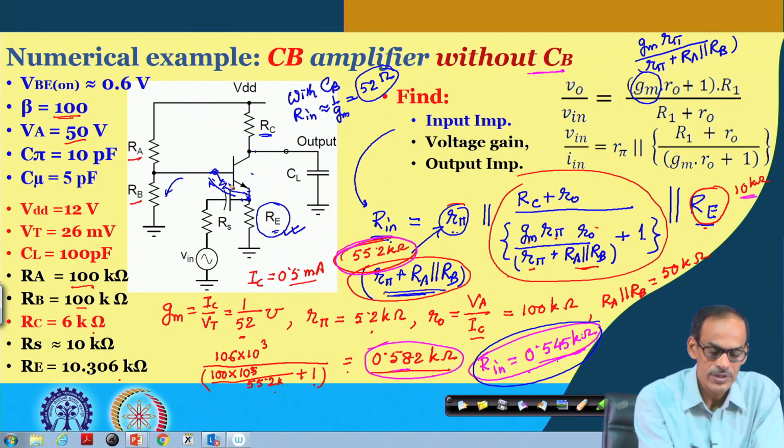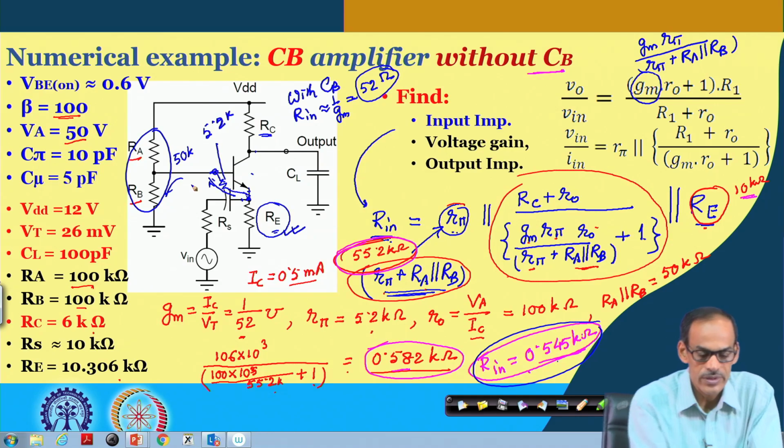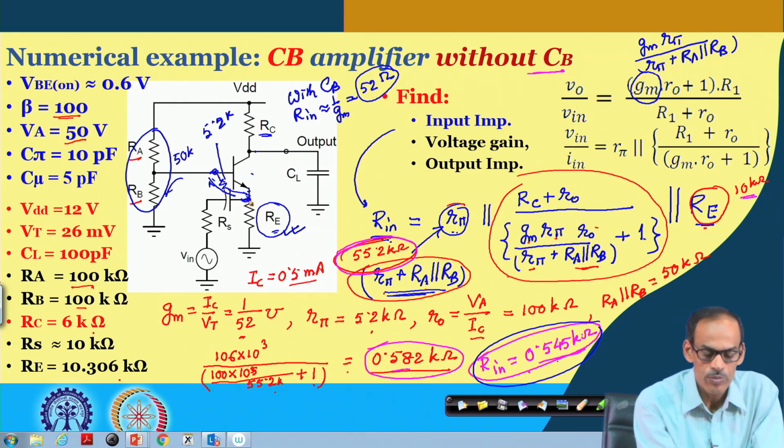So, here it is R pi equals 5.2 K, and these two resistances together, it is 50 K.